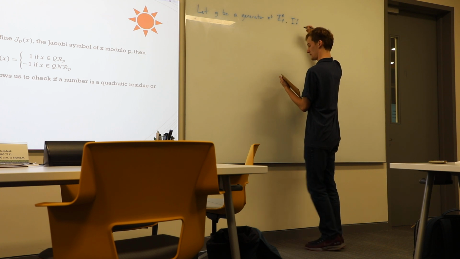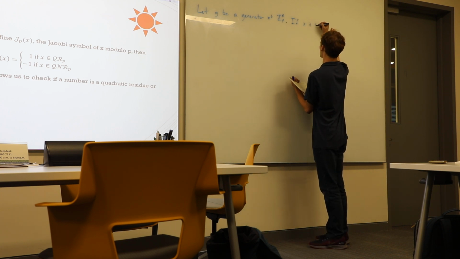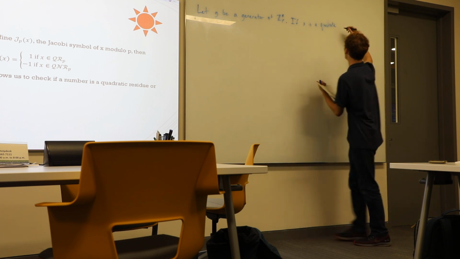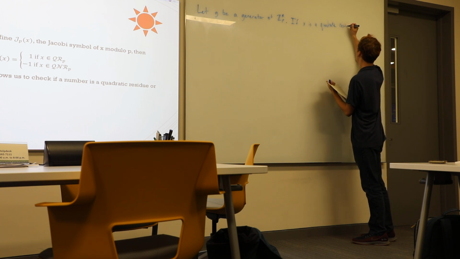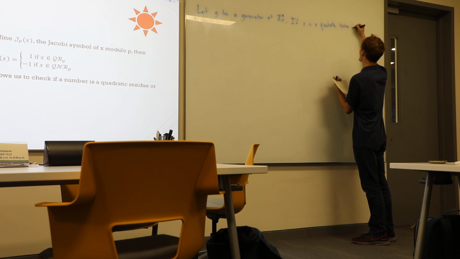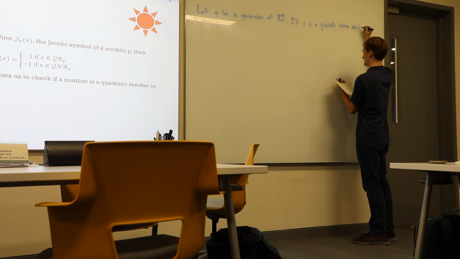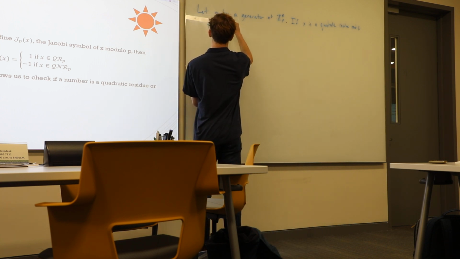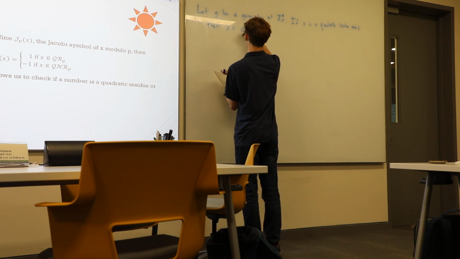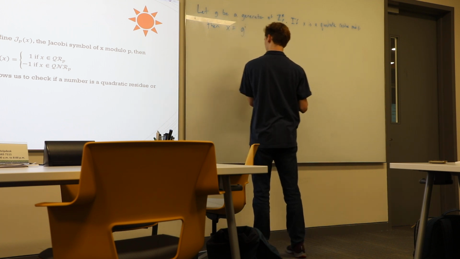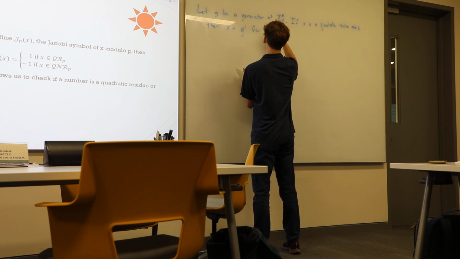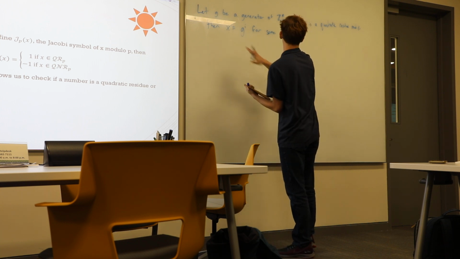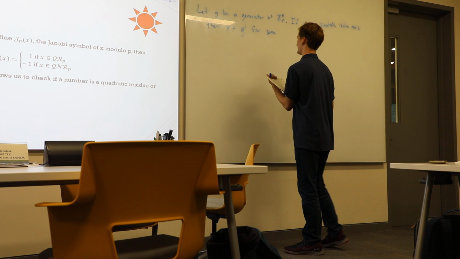If X is a quadratic residue mod P, then we also have X is congruent to G to the power of I for some I, where I is an even integer, since we know that X has a square root because it's a quadratic residue.